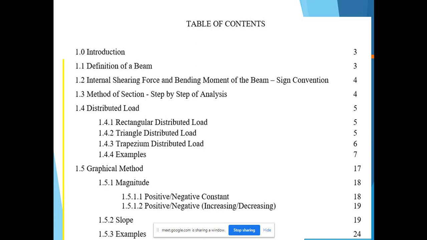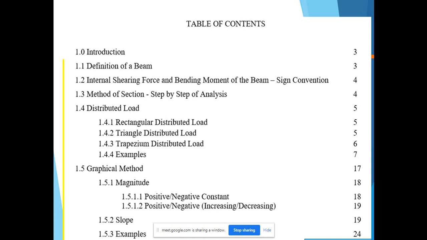Distributed loads have different types: one is the rectangular distributed load, the second is the triangular distributed load, and the last is the trapezium type distributed load. I will explain those later, and then we will do some examples.